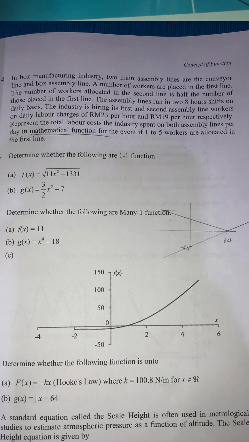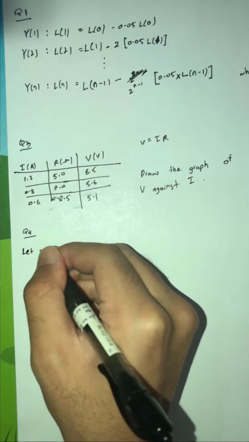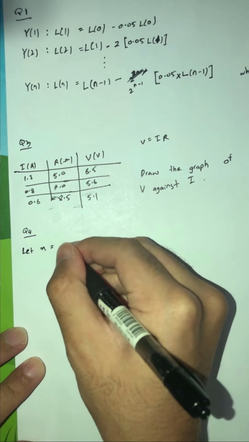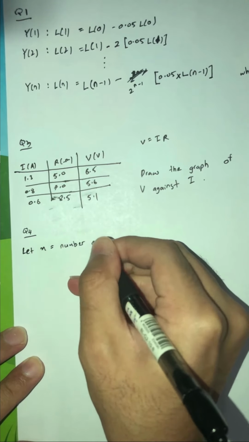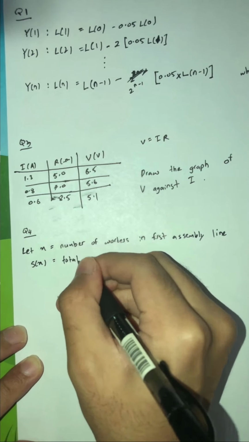So, what you need to do is analyze the conditions given. Now, just let x equal to the number of workers in the first assembly line, and let S(x) equal to the total labor cost.